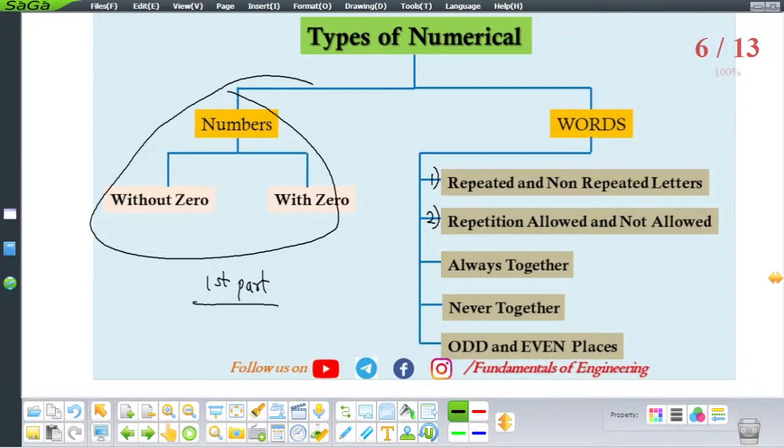In the next part we are going to discuss words where vowels, consonants and other letters are always together, and never together. Vowels and consonants occupying odd or even places, we will also see in the next part. So here we are going to discuss repetition of letters allowed and not allowed.